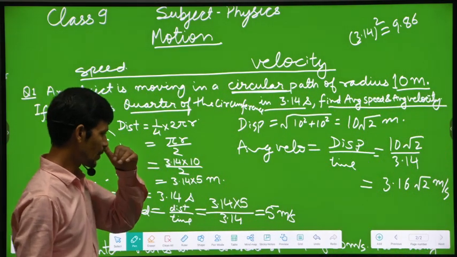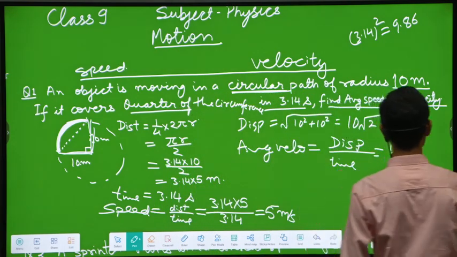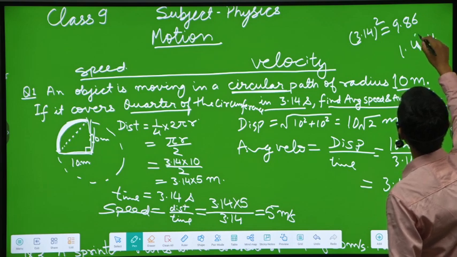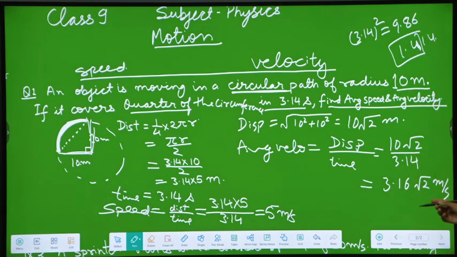And see, the value of root 2 is 1.414. So we will take it up to first decimal place, 1.4, and if you multiply it, it will come approximately 4.3. I might be wrong with the decimal places. Maybe it will be around some second decimal place, but I'm rounding it off to first decimal place only.